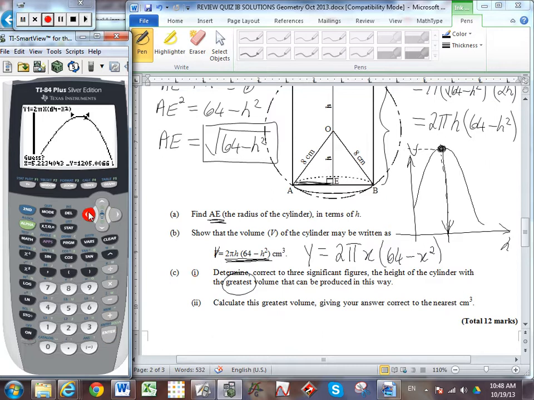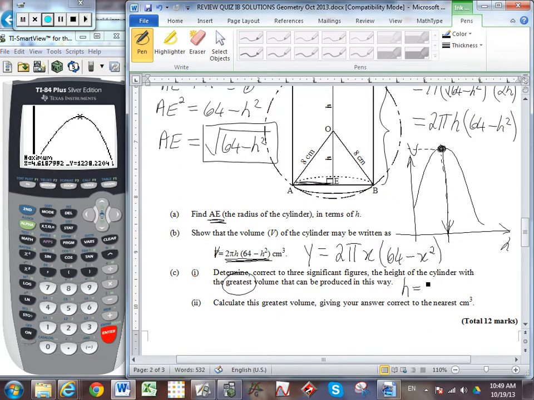Then it wants me to guess, so let's move the cursor very close to the actual maximum point itself, and hit enter. It tells us that the maximum occurs when x, this is our h value, is equal to 4.62 if I round to 3 significant figures. So our height is approximately 4.62 centimeters.